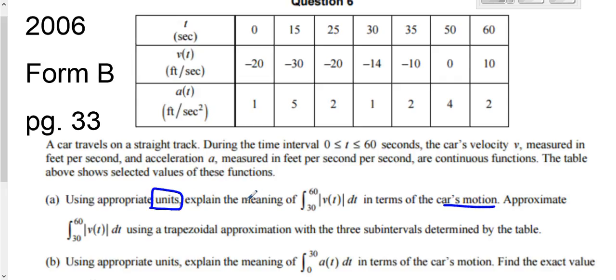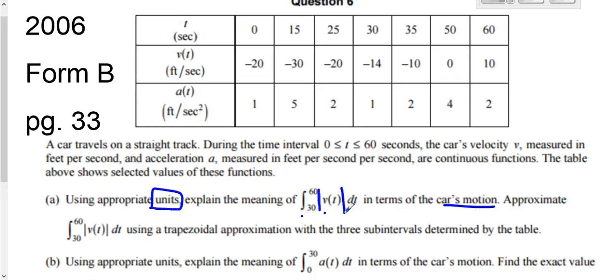Using appropriate units, explain the meaning of the integral from 30 to 60 of the absolute value of v of t dt in terms of the car's motion. If we are integrating velocity, we have absolute values in here. Remember, we just talked about displacement and total distance traveled. Absolute values, it matters where they are.